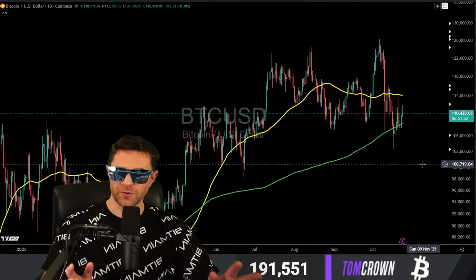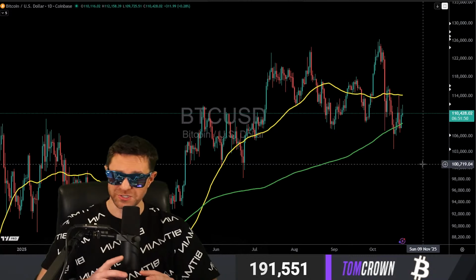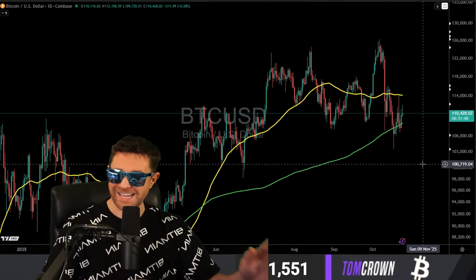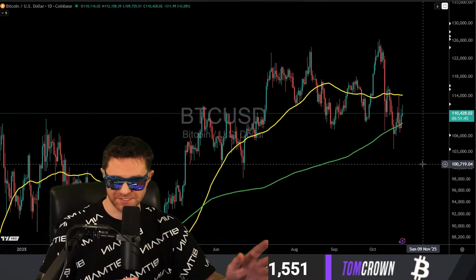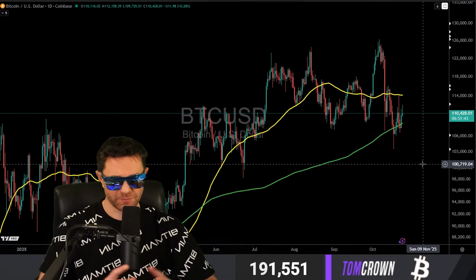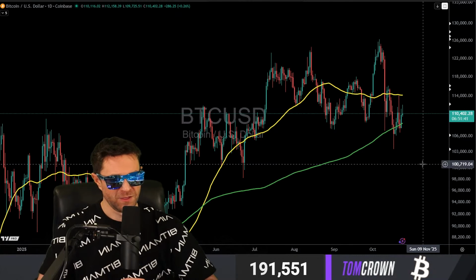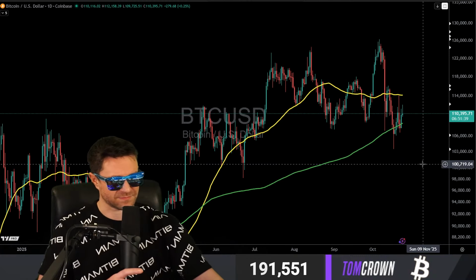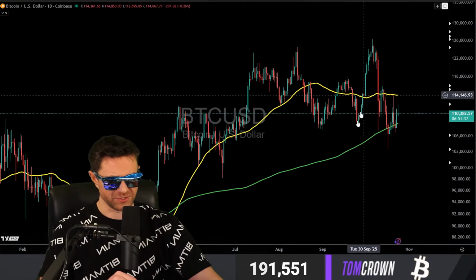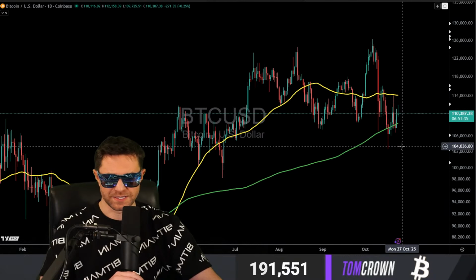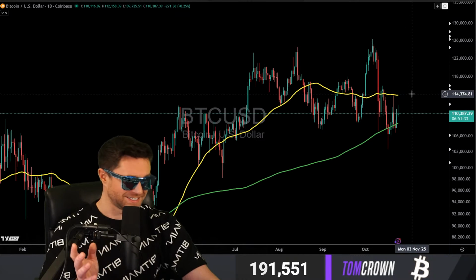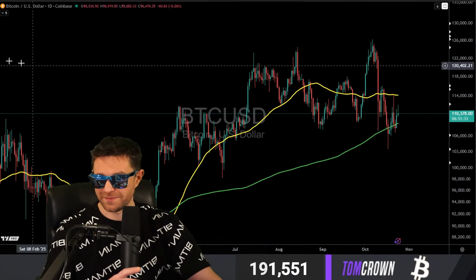Because this is still far away, it's not tomorrow. Almost no matter what, just based on averages, this can't happen in the next few days. But as this is curling down and the 200 is moving up, we can pretty much expect this to happen as long as these conditions are met.